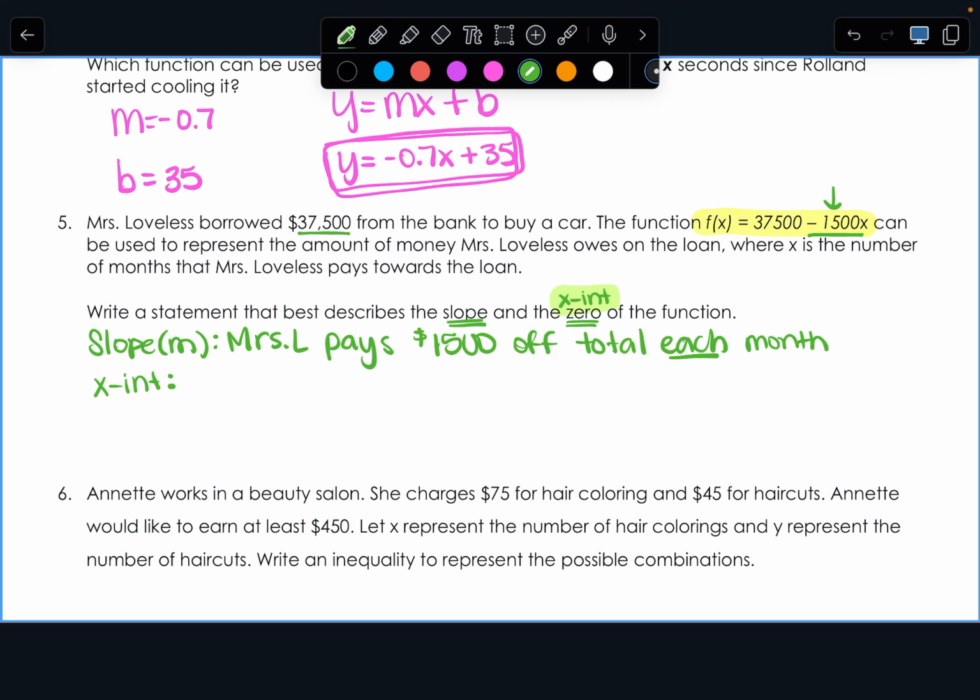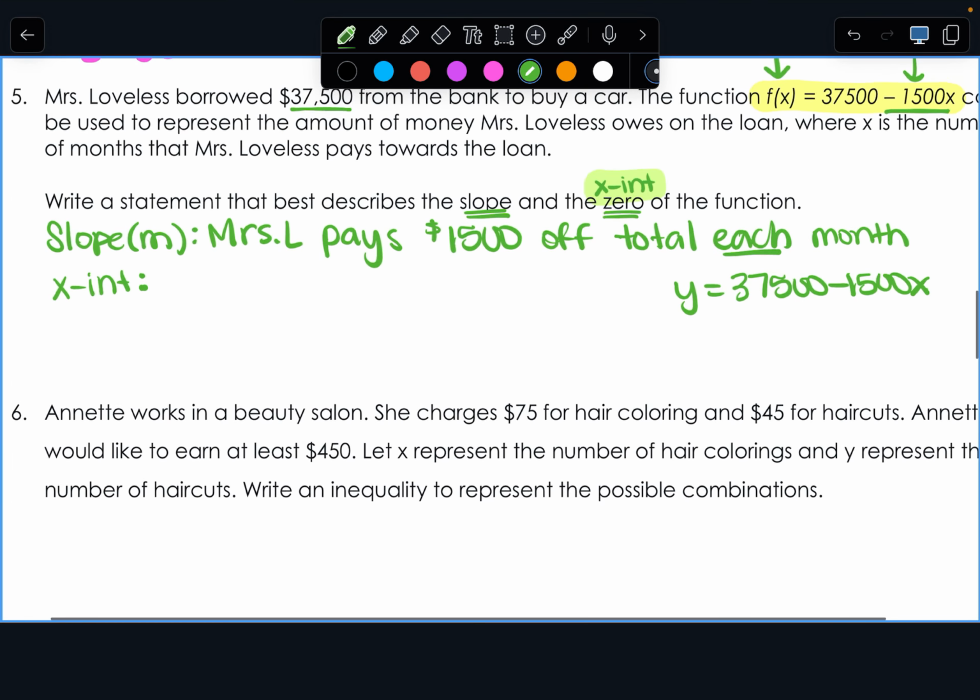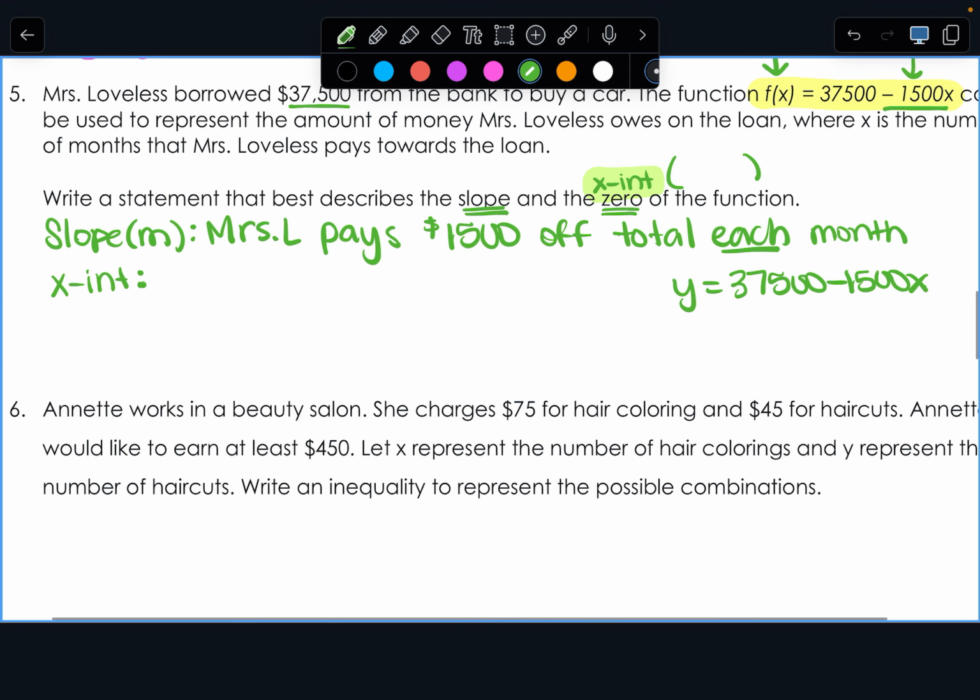So, my equation, even though it says f of x, is the same as writing y equals 37,500 minus 1,500x. To find the x-intercept, we know that with any x-intercept, the y value is 0. So I'm going to plug in a 0 where the y is, and solve for the missing variable, which is x.